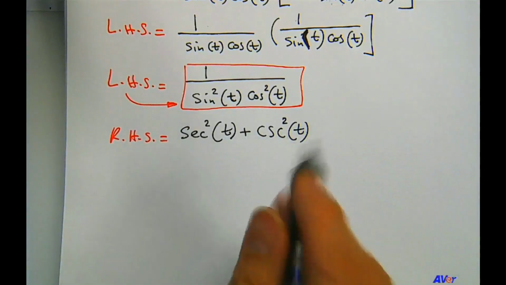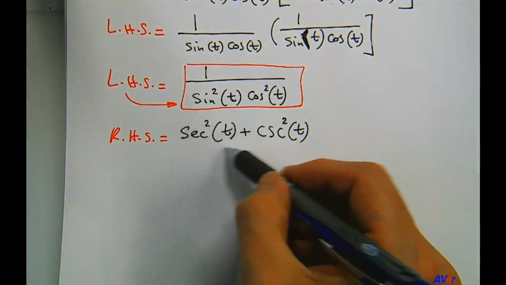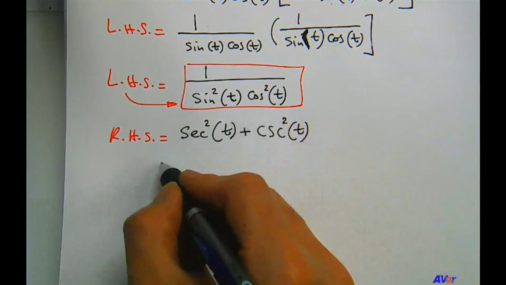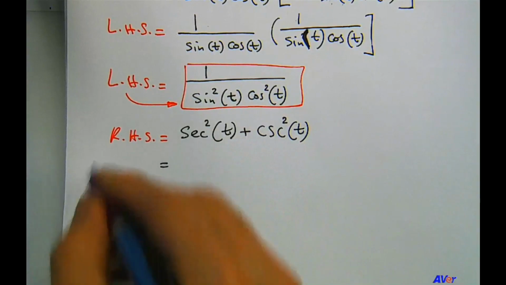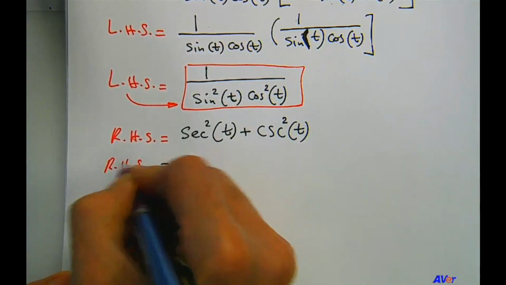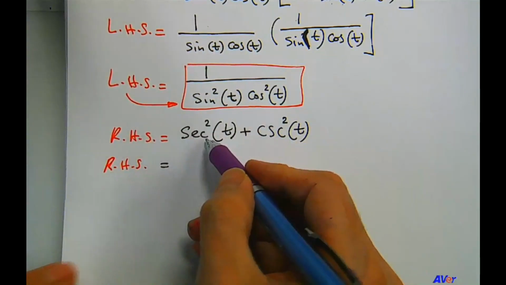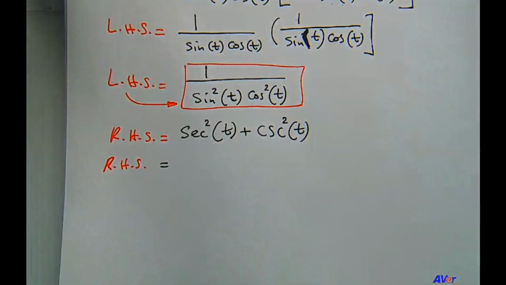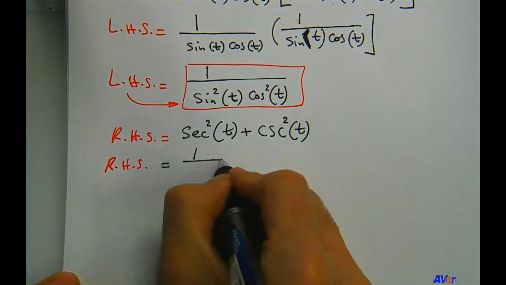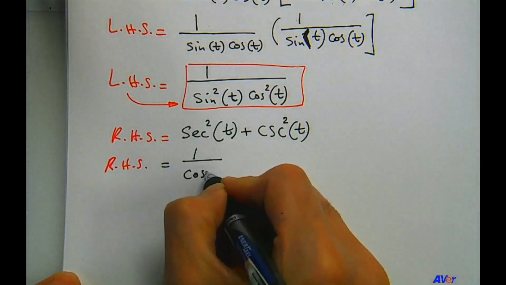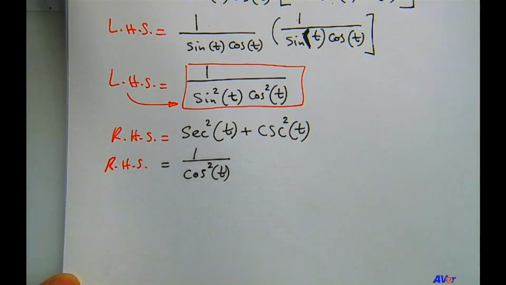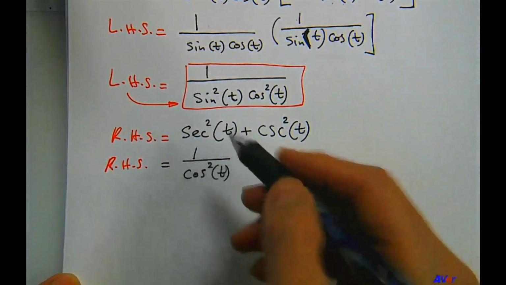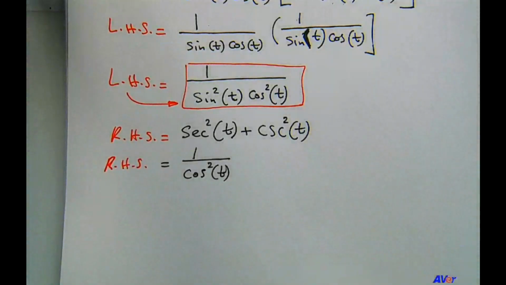So let's break each of these down into their most basic trigonometric functions. Secant was the reciprocal of the cosine function. So square that, and instead of this, we get 1 over cosine squared t. I hope going from here to here didn't confuse anybody.